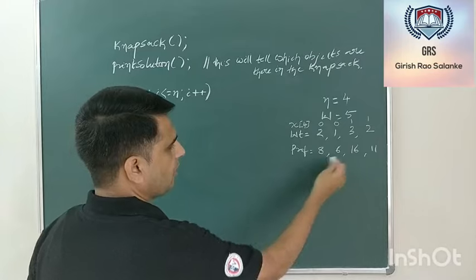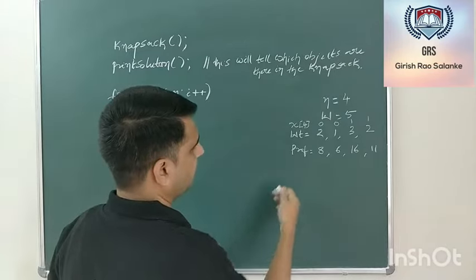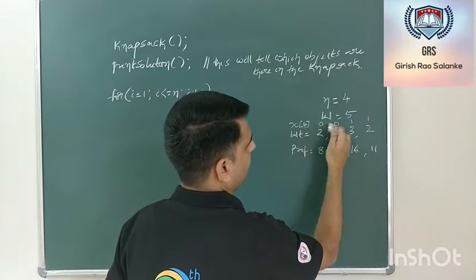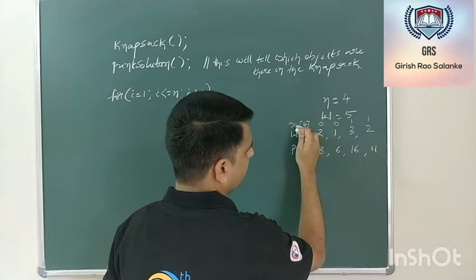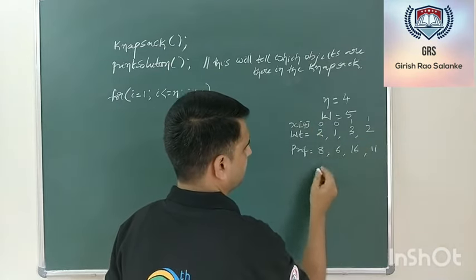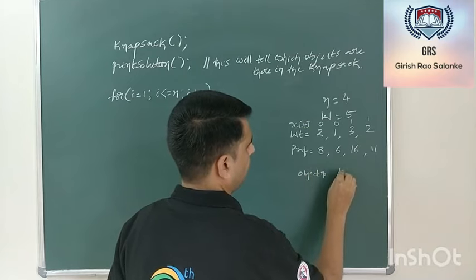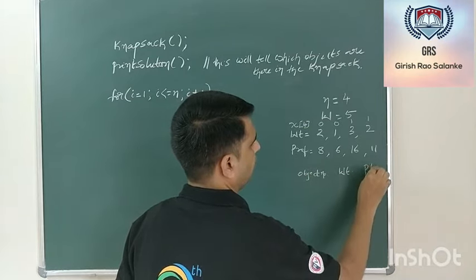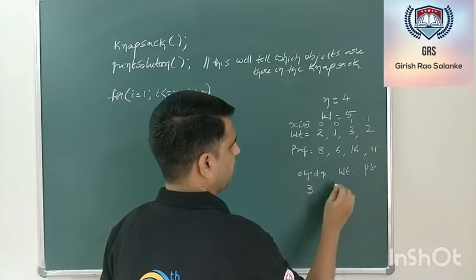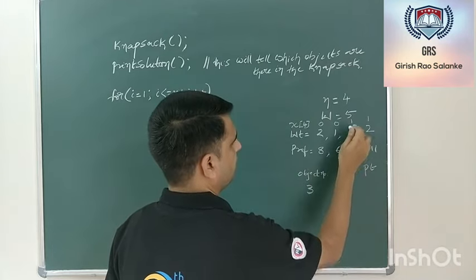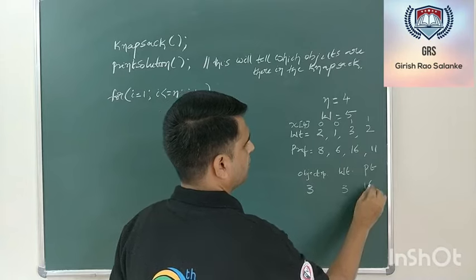So to print the final answer, I need to go through this entire array x, and I should tell which are the objects, that is object number, weight and profit. Object number is 3. Weight, what is the weight? Third object weight is 3, profit is 16.